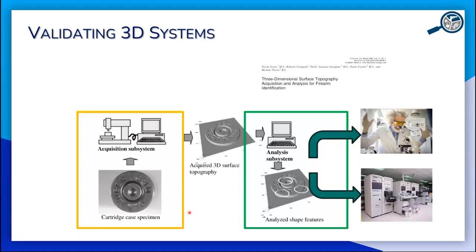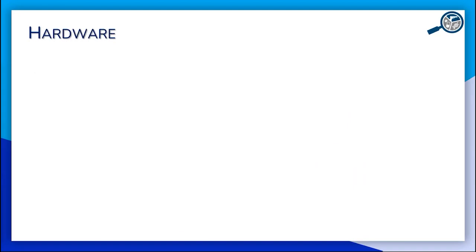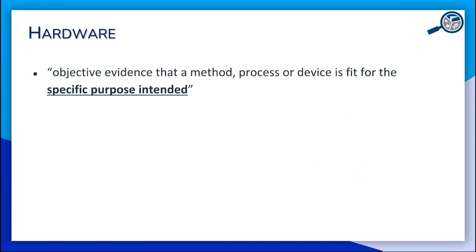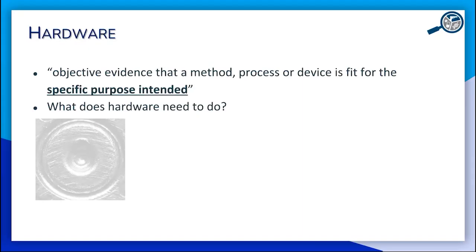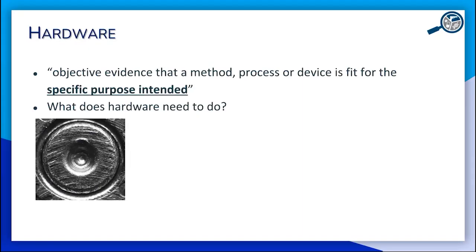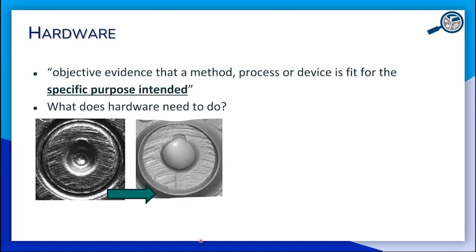So let's talk first about validating the hardware and how you might go about doing this. Again, back to the original definition: provide objective evidence for the method or process for the specific purpose. So what's our specific purpose? What does that hardware need to do? It needs to take microscopic tool marks found on fired ammunition components and digitize them.